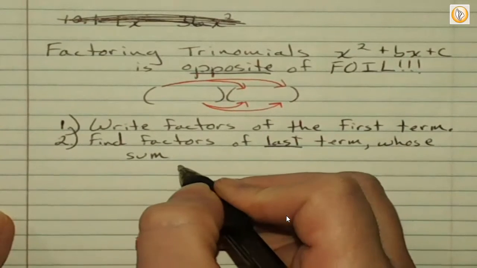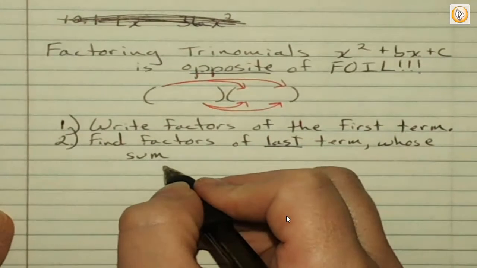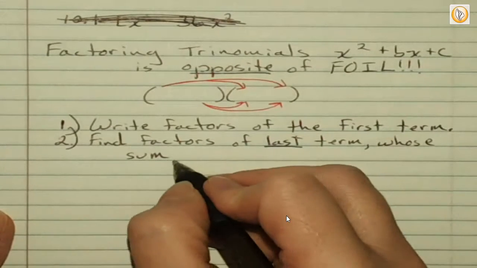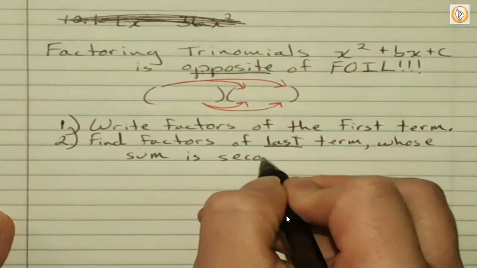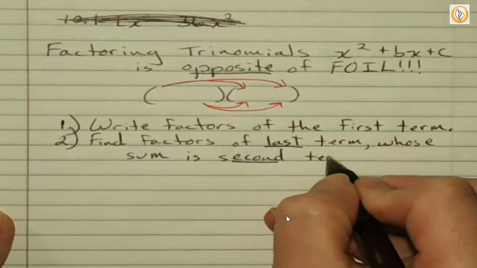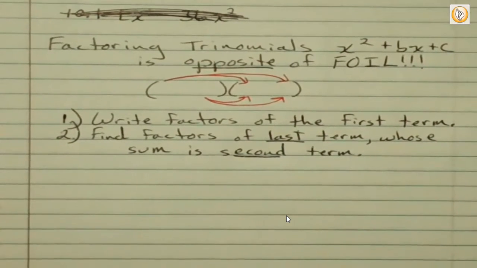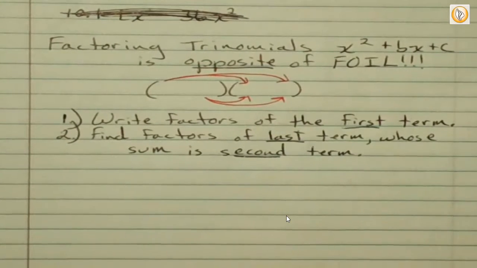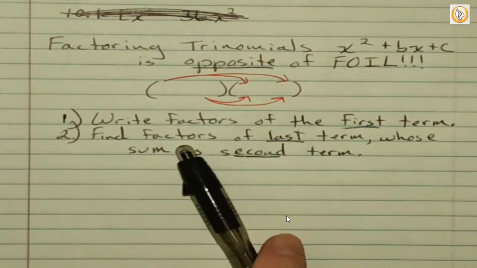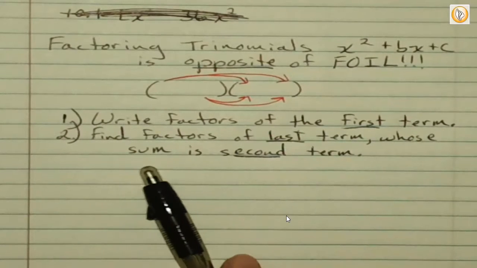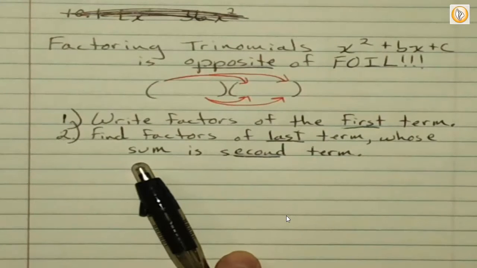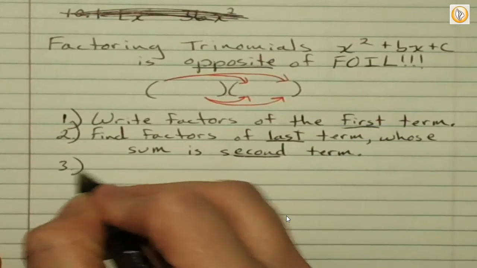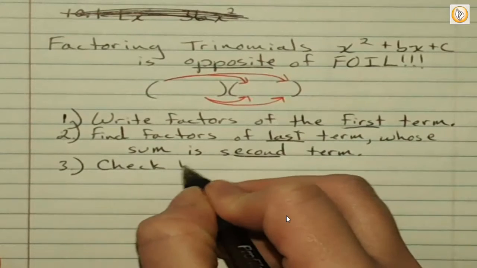What does sum mean? Addition. Adding. Sum means adding. Whose sum is the second term. I know this sounds very confusing, but you'll get it as soon as I start doing it. So you're going to write the factors of the first term. Then you're going to find factors of the last term whose sum, when you add them together, equals the second term. And then you check by FOIL.